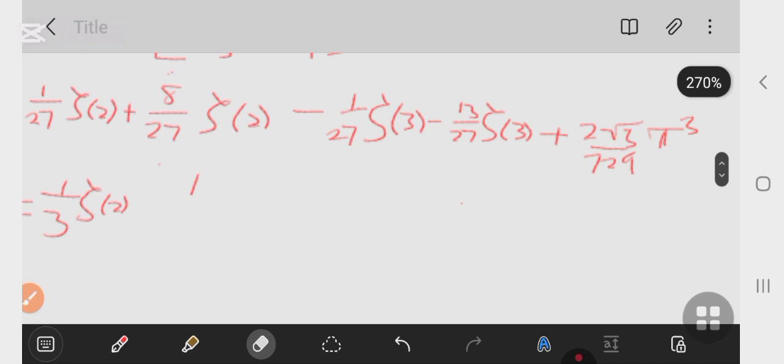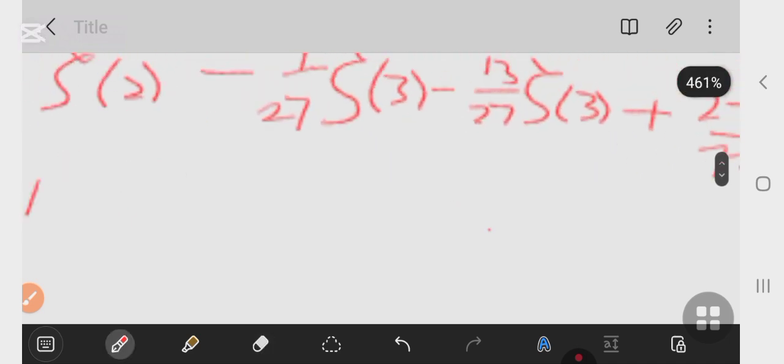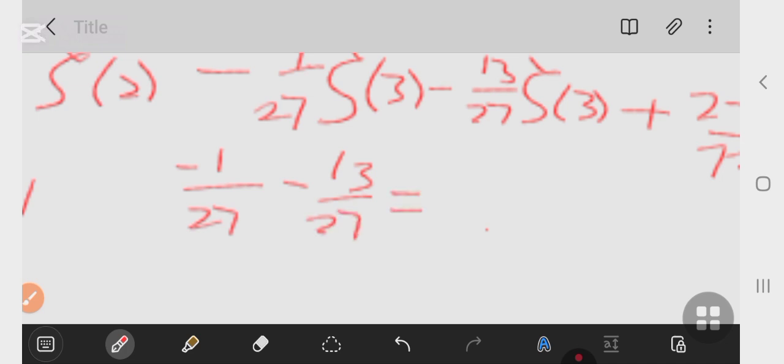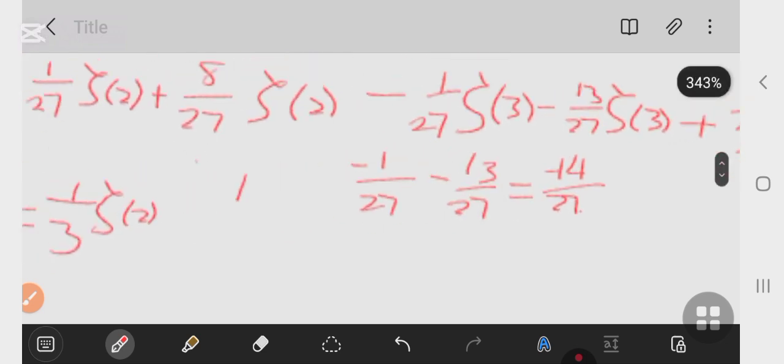Now minus 1 over 27 minus 13 over 27 is equivalent to minus 14 over 27. So I'm still permitted to write this.